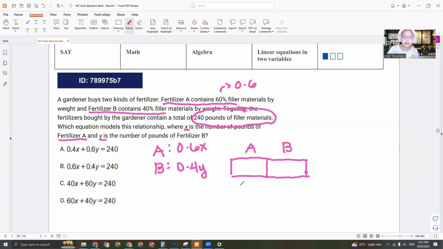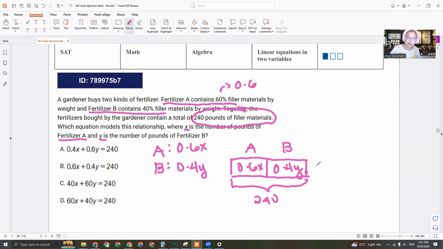So we know that the total amount of fillers is equal to 240 pounds, and that contains both A and B fillers, correct?